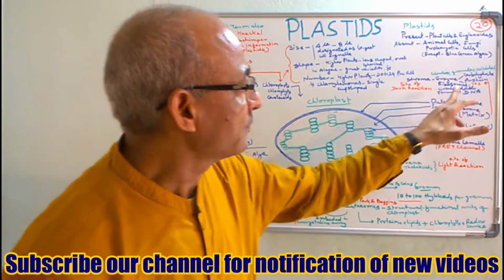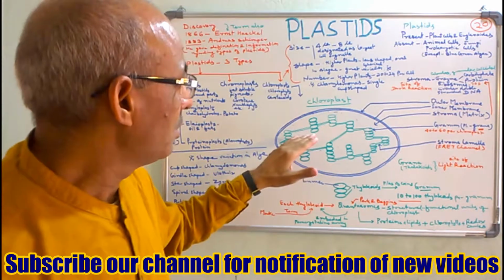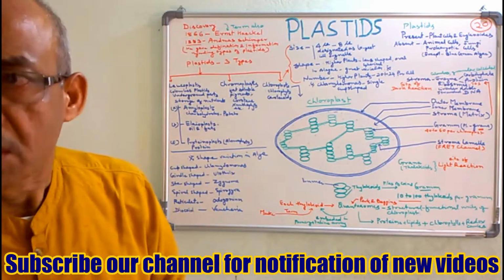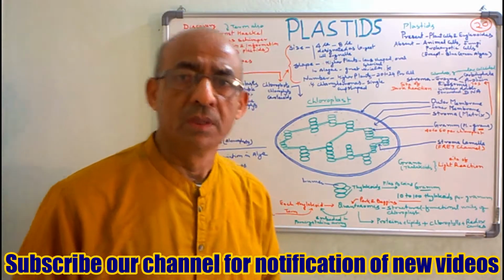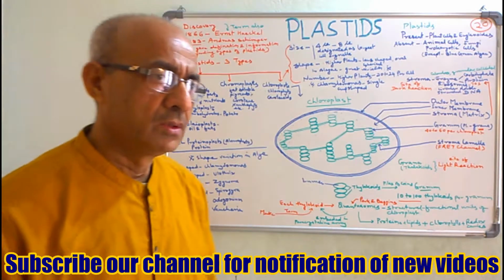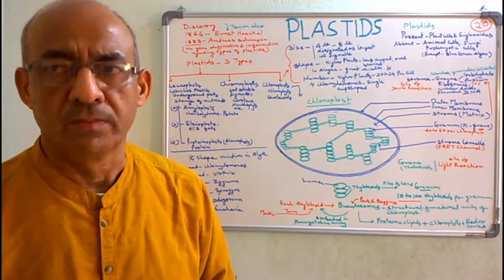And apart from ribosomes, the stroma also contains circular double stranded DNA. Now here, one more important piece of information you should know.